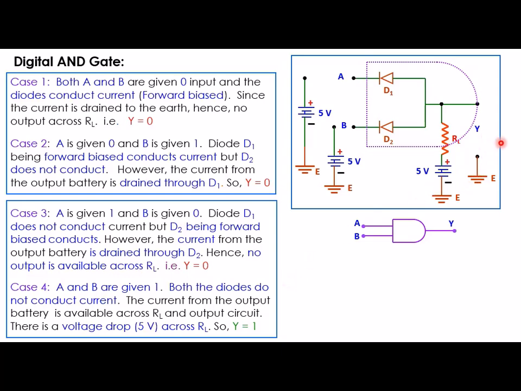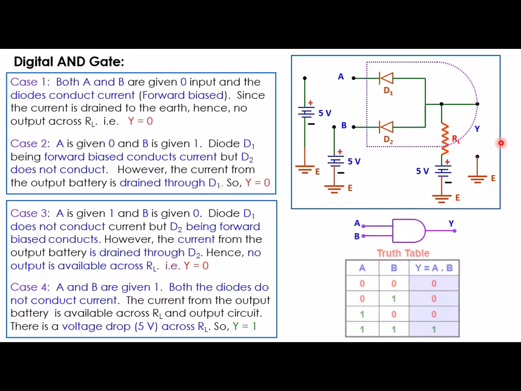Now if we try to summarize these outcomes through a truth table, the outcomes will be like this. When both A and B were 0, then the output was 0. When any one of them is 0, then also the output was 0, and only when both of them were 1, the output was 1.